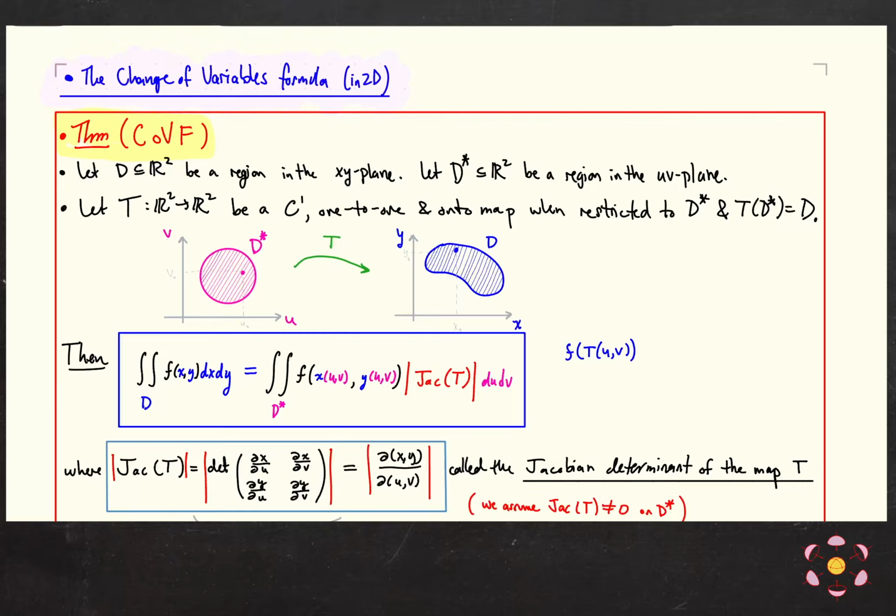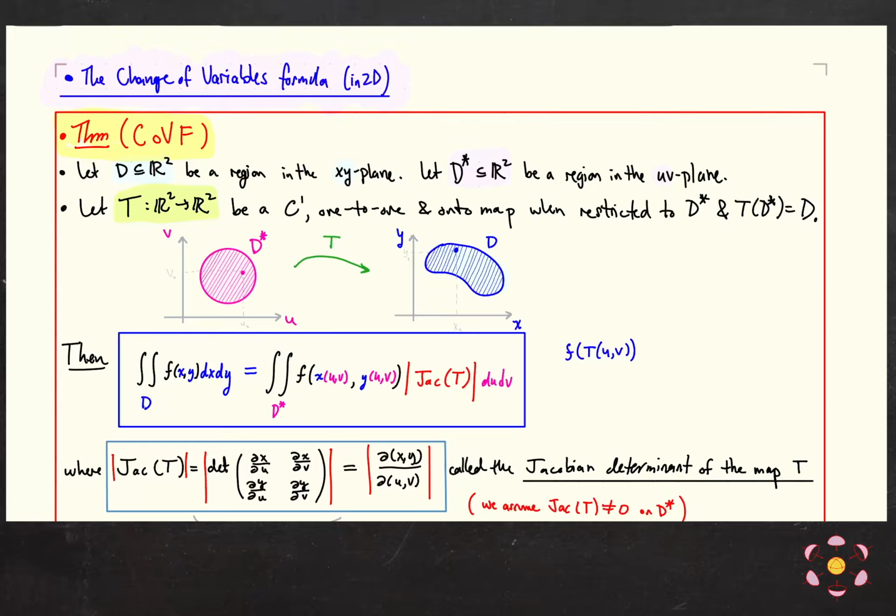At this point, just a quick review of our key terms. D is in the xy plane. This is the blue shape. Then we've also got this D star, also in the plane, but we're going to think of this as being in the uv plane. We also have some sort of transformation, a mapping.